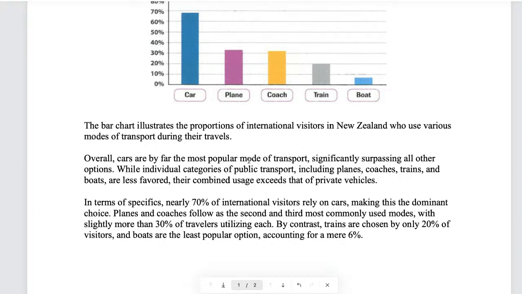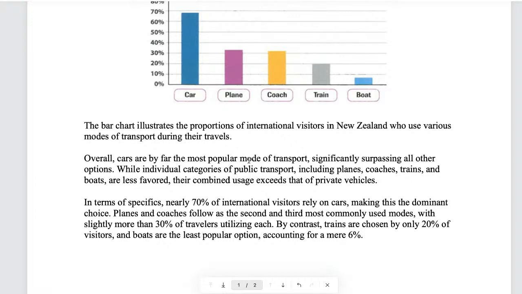Yeah, instead of using the word like using cars or something, we can say rely on cars. So we just replace the word use with rely on, okay? Rely on cars. Do you know rely on? Yes. That means depend on, okay? So rely on cars. How do you spell rely?